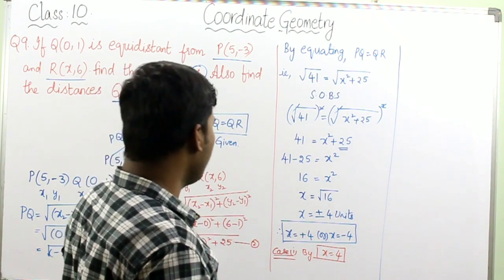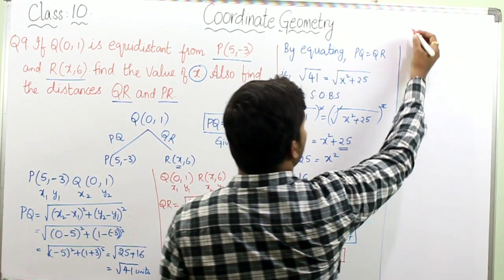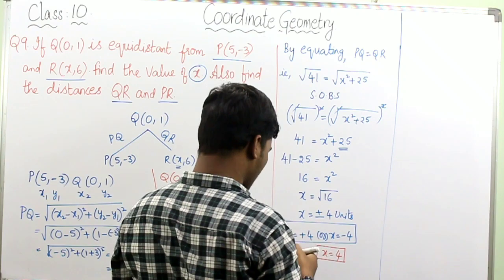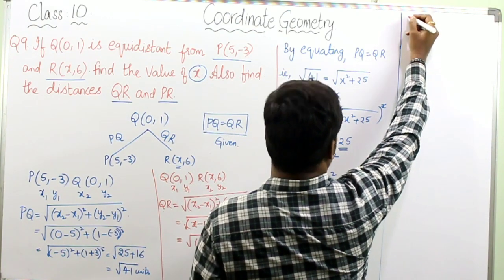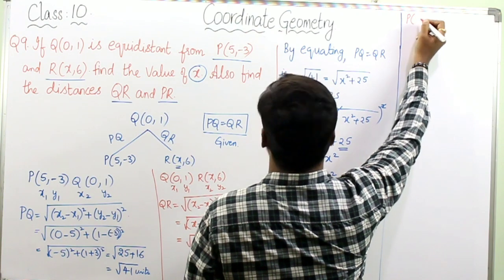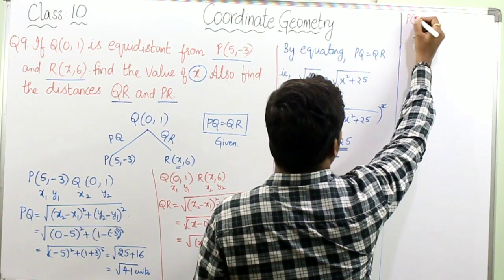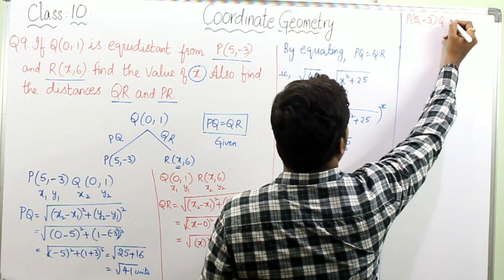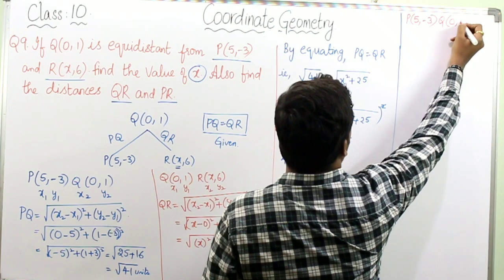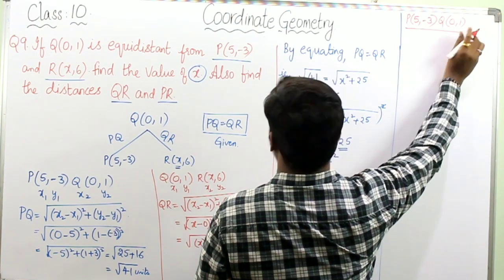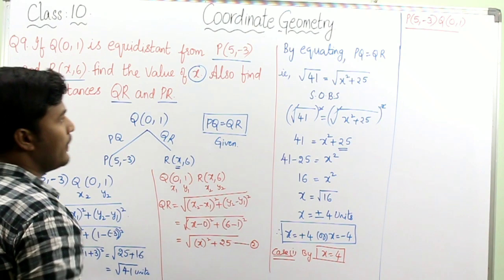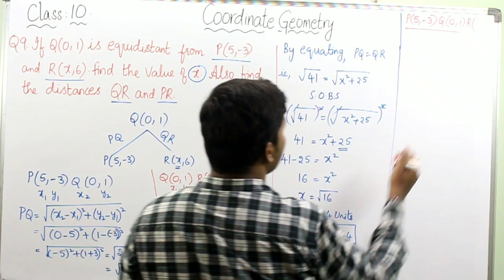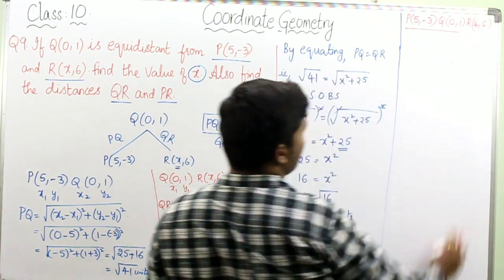Now the P point is 5 comma minus 3, and the Q point is 0 comma 1. We have to find out QR, and R, when I am taking the value as x, will become 4 comma 6.